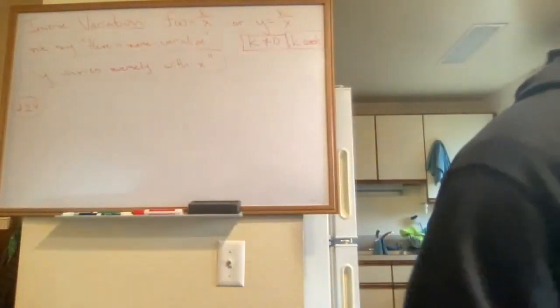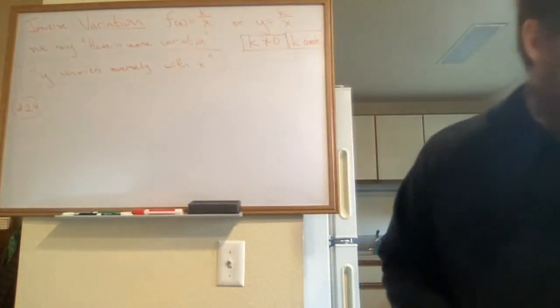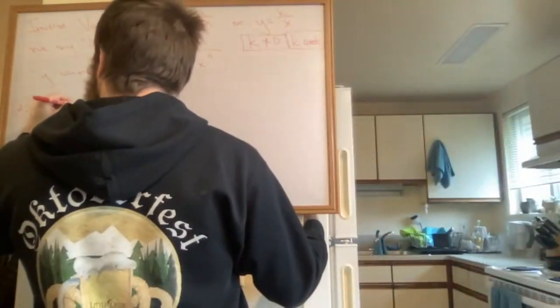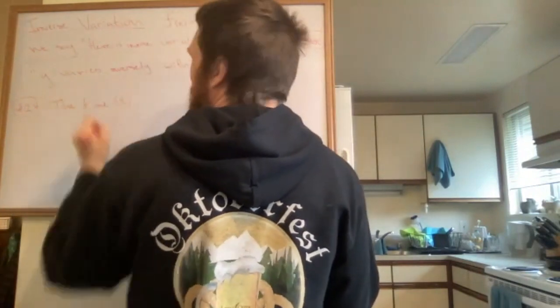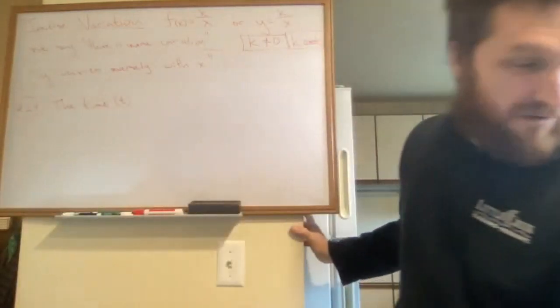I'll try to do a better job of stating this. The time t required to drive a fixed distance, and they even give you the variable, you can't ask for anything better than that.